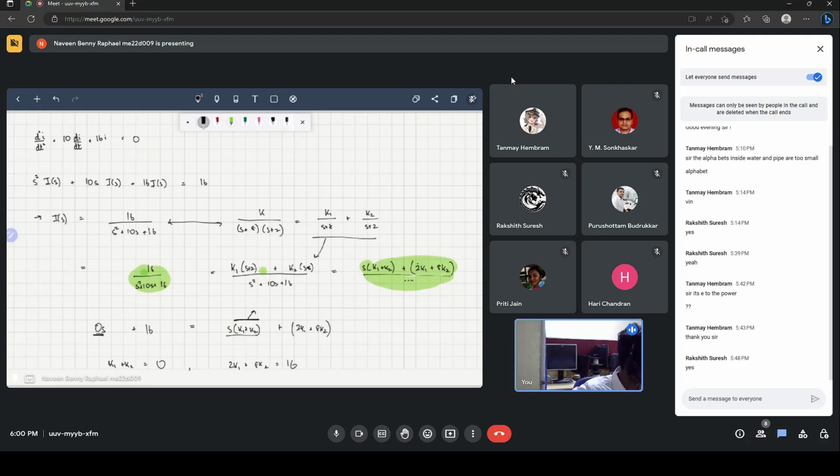In this case, it will probably be really ugly. k1 plus 4k2 is equal to 8. k1 is equal to minus k2. So k2 is equal to 8 by 3.